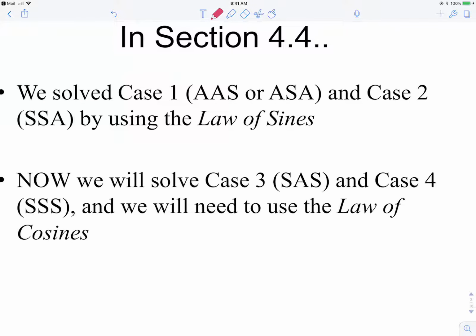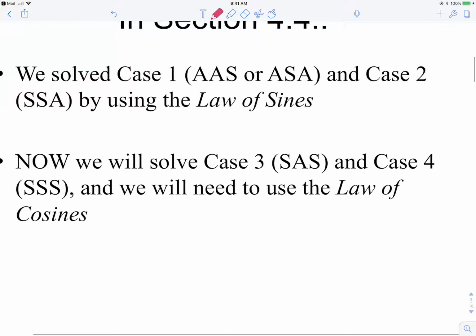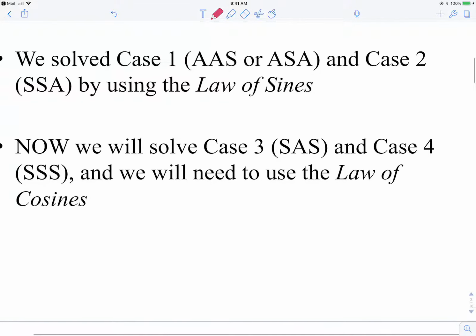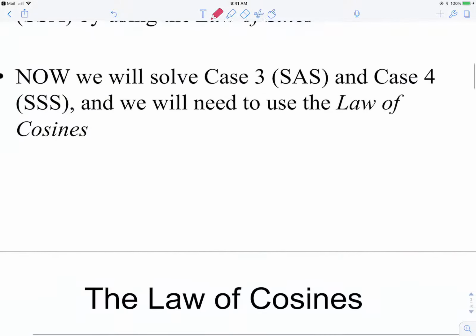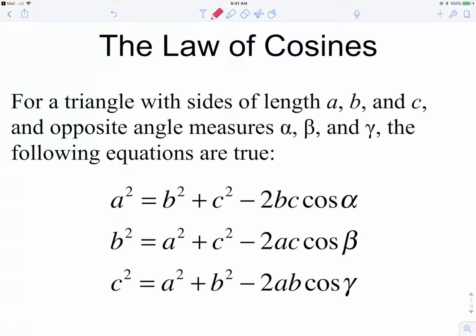Okay, so we are still solving triangles. We're solving SAS and SSS, case 3 and case 4, using law of cosines. Now, at first it looks like three different formulas, and your textbook writes law of cosines as three different formulas, but it's not.